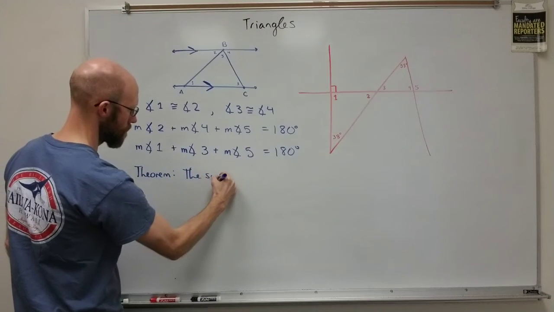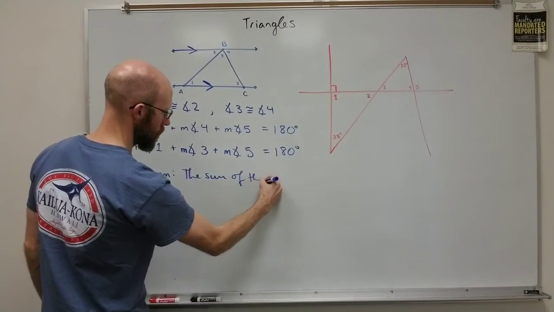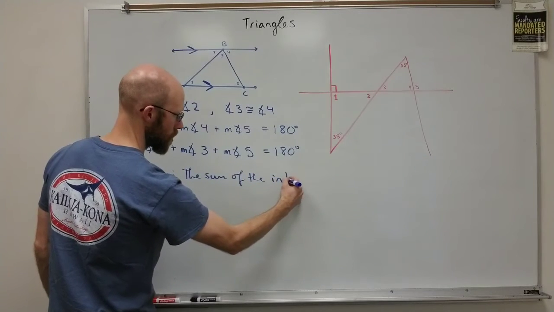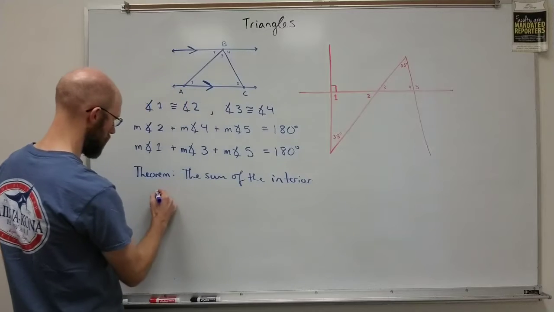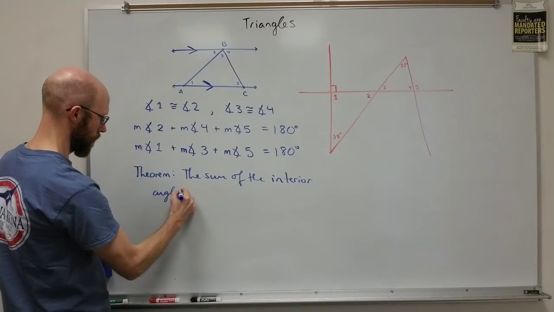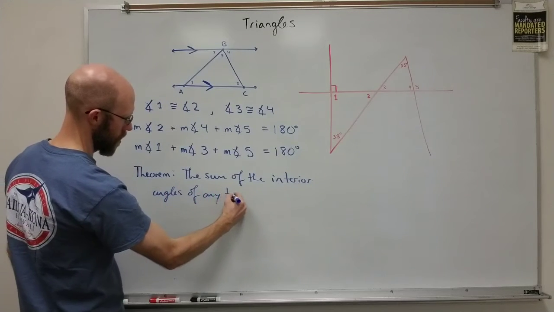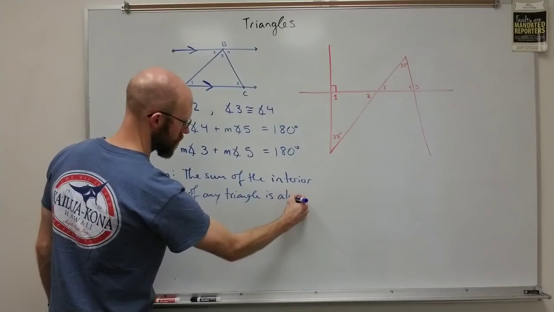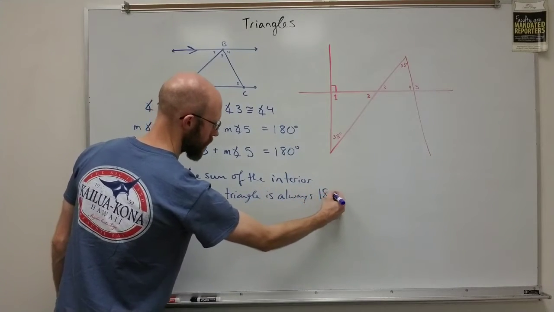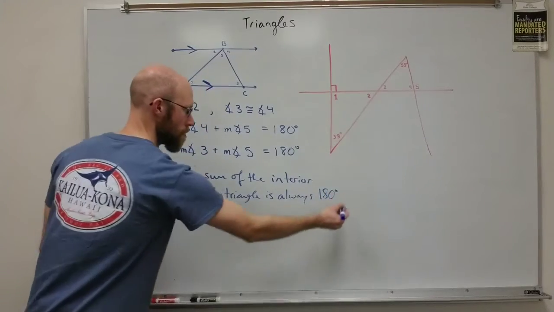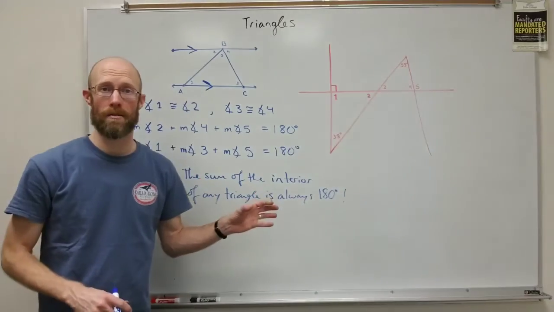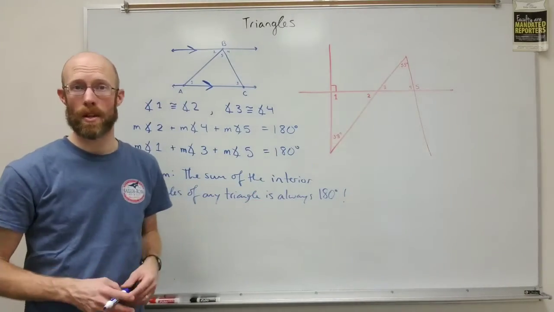The sum of the interior angles of a triangle is always 180 degrees, okay? That is always, always true. We're going to use that fact to do a lot of different things.